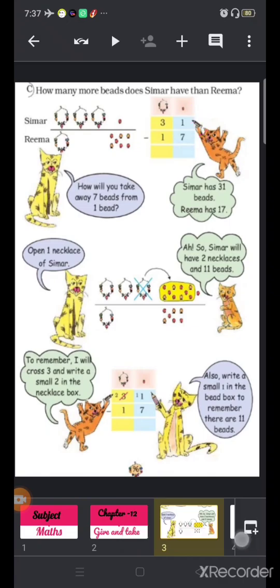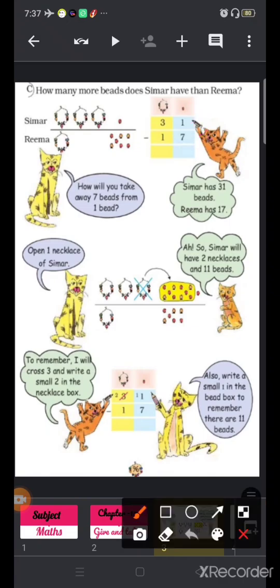Yes, because 7 is bigger than 1. We cannot subtract a bigger number from a smaller number. So what shall we do? How can we subtract?